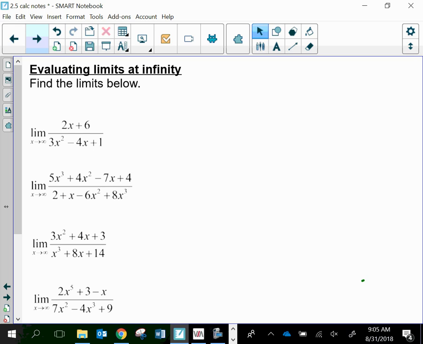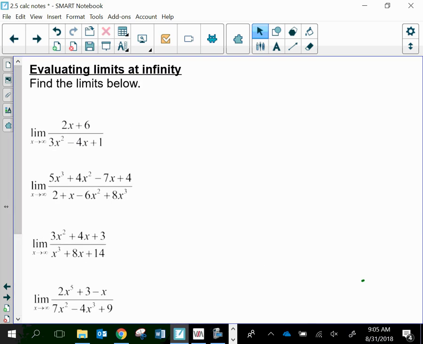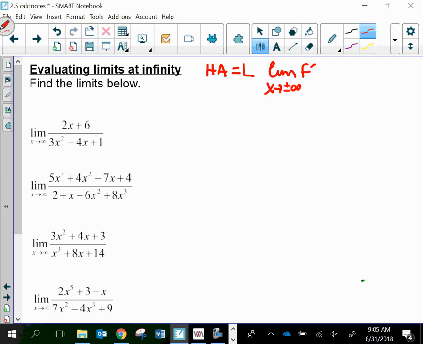All right. These, notice all your examples are at infinity, okay? So, and remember when you're doing the limits at infinity, I'm going to just write it like this. Then that's a horizontal asymptote.